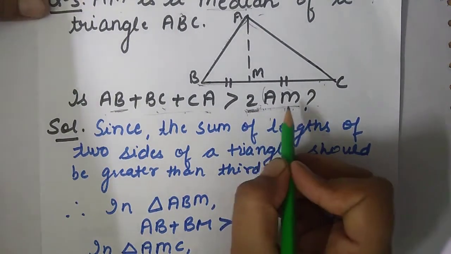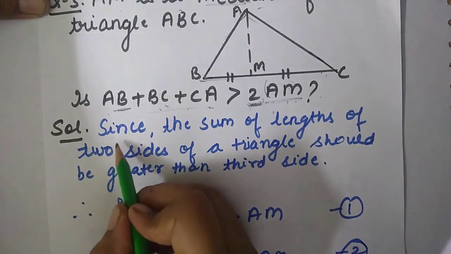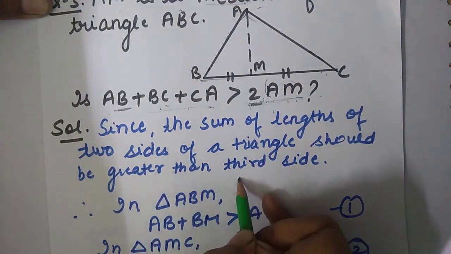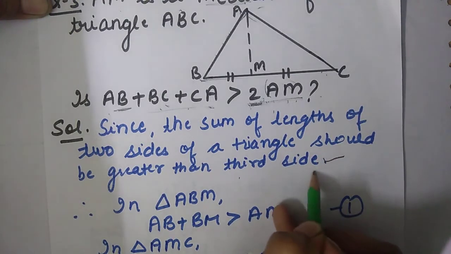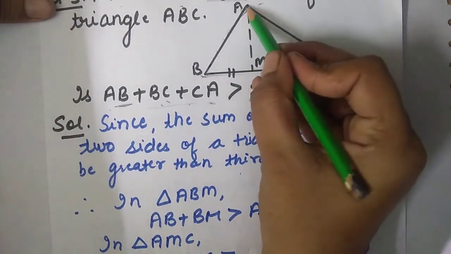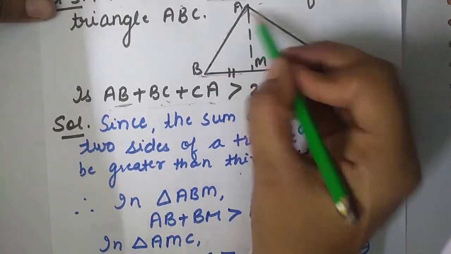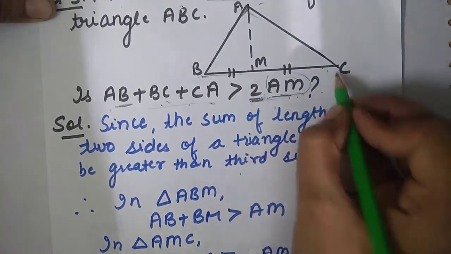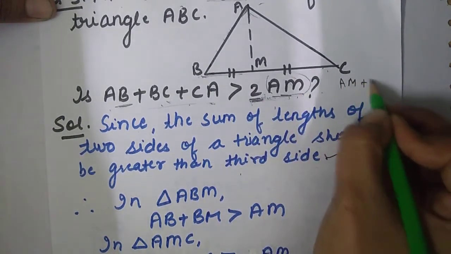So what you will write first: the sum of the lengths of two sides of a triangle should be greater than the third side. Yes, this is correct, because of triangle inequality. Now first I will take triangle ABM. On the RHS I need 2 times AM, which means AM plus AM.